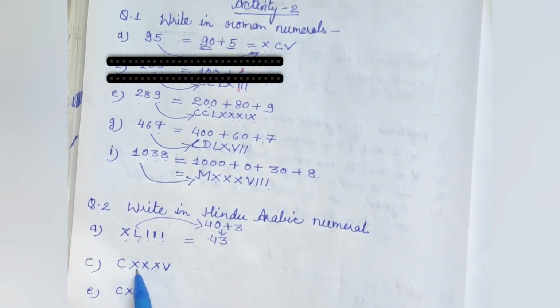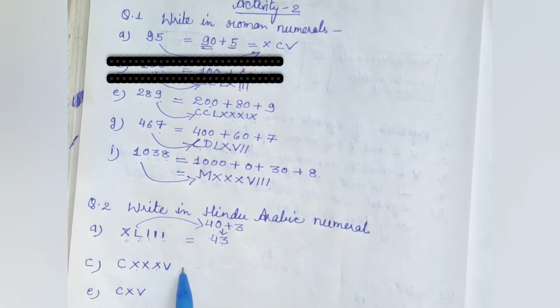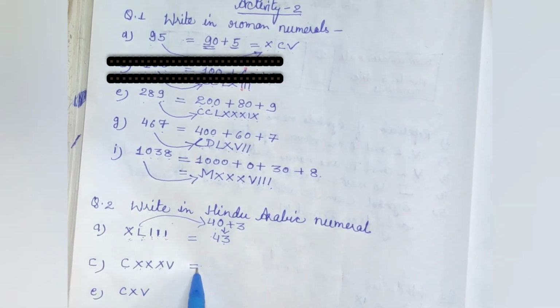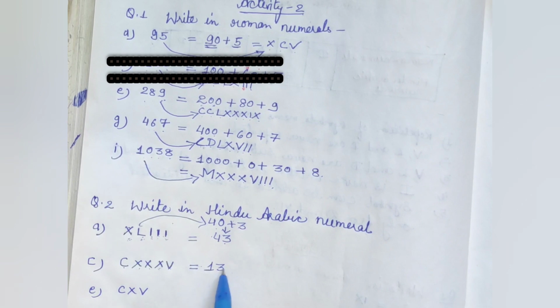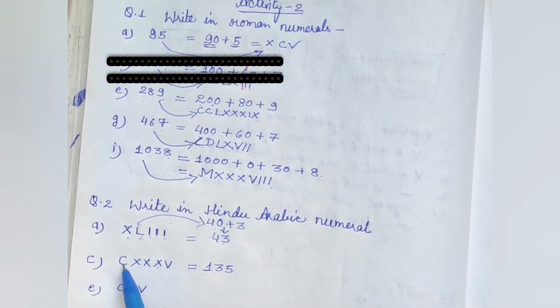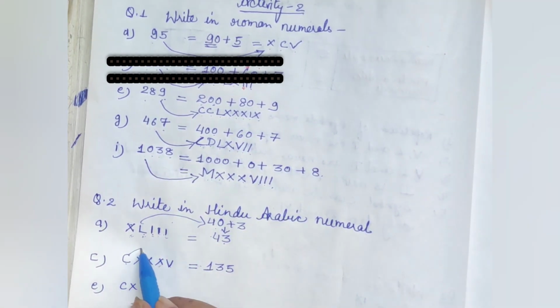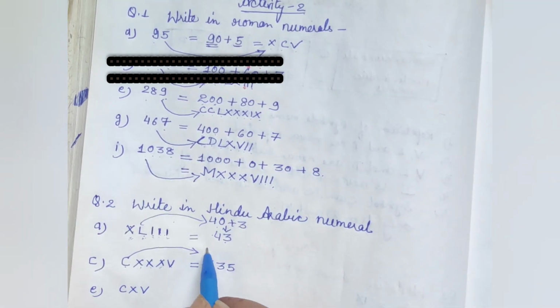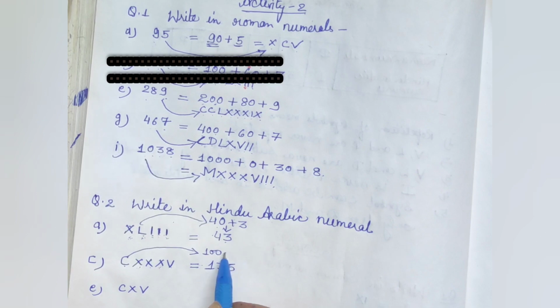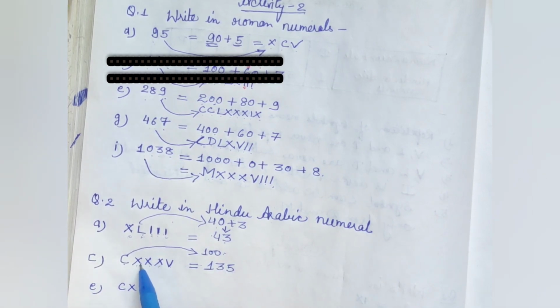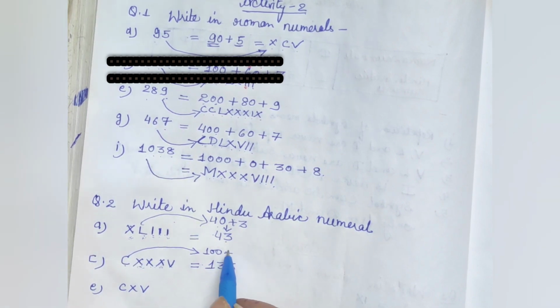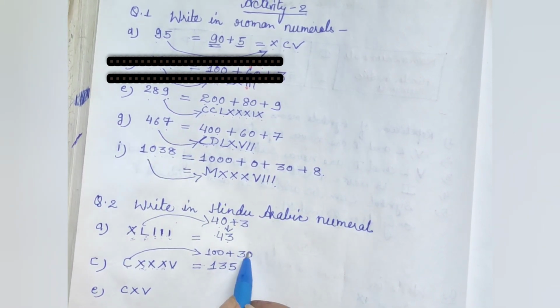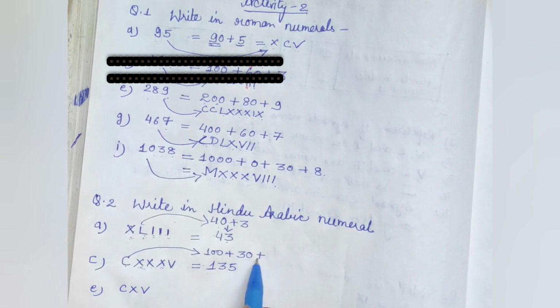In CXXXV is equal to 135. Students, as you know, the value of C is 100, the value of X is 10, and here X repeats 3 times, so we write 30, and the value of V is 5.